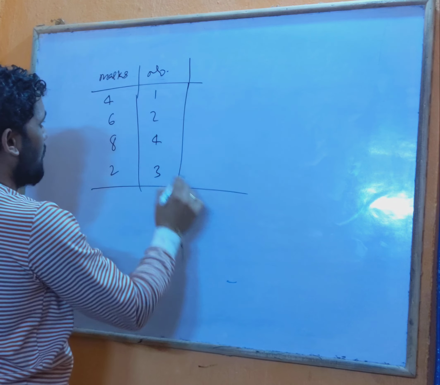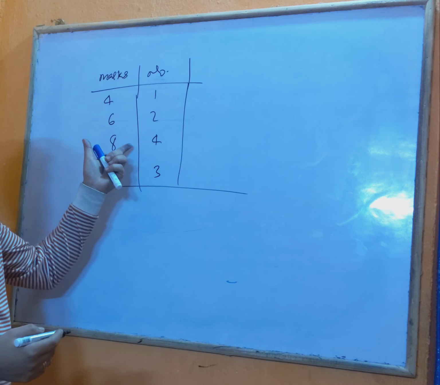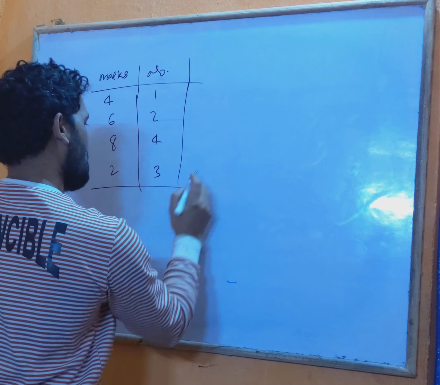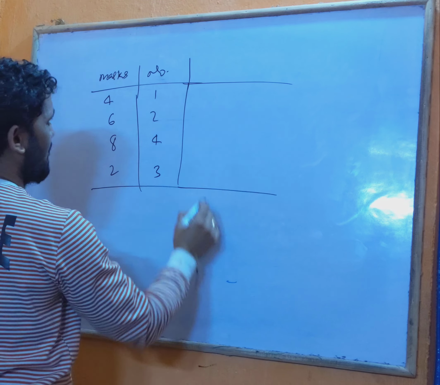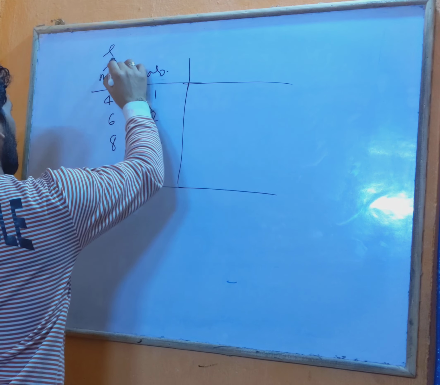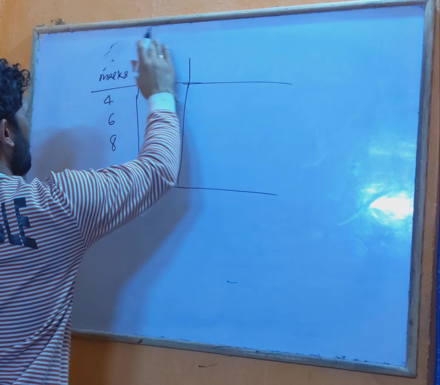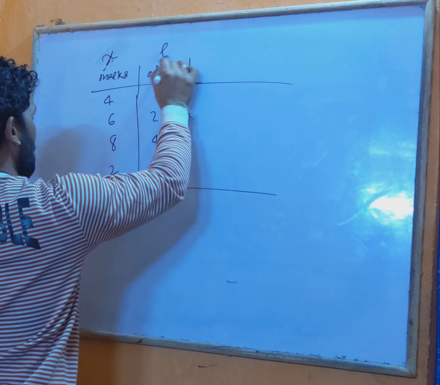What is the mean of this type of observation? For these types of observations, first suppose marks is denoted by x, and this one is denoted by f.